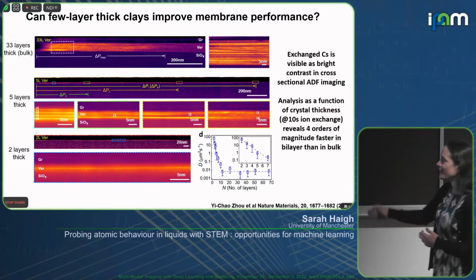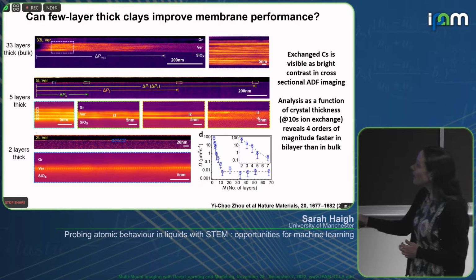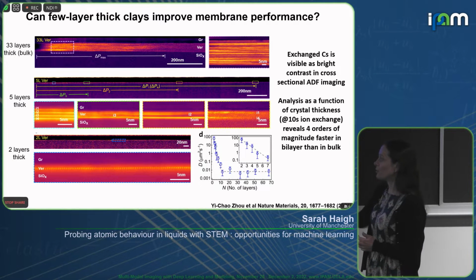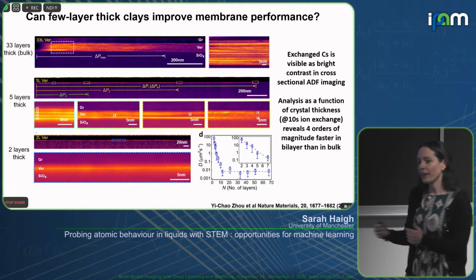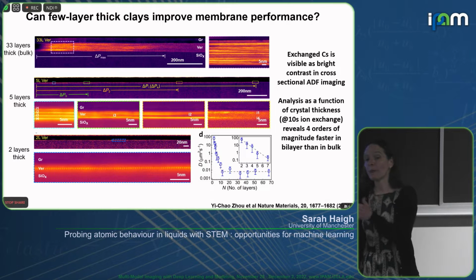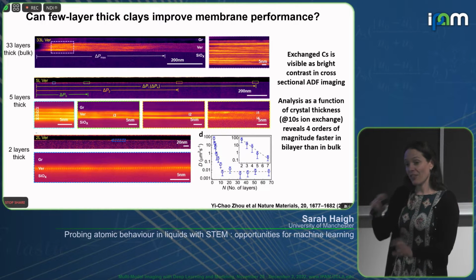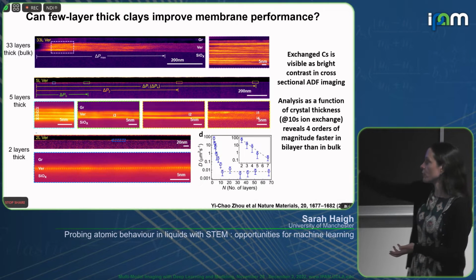And after several years of work, what you end up with is this rather small graph here, which is telling you that there are 5 orders of magnitude difference in the speed with which ions can penetrate through this aluminosilicate space if your material is only 2 atomic layers thick, as opposed to if it's much thicker or indeed bulk.